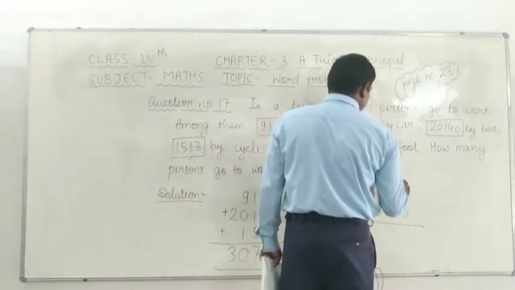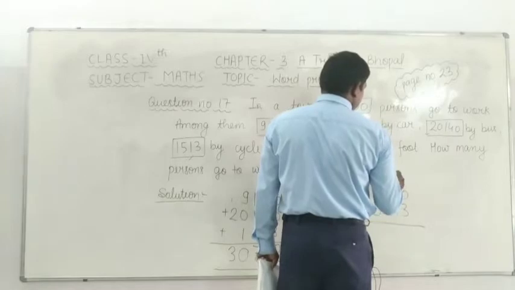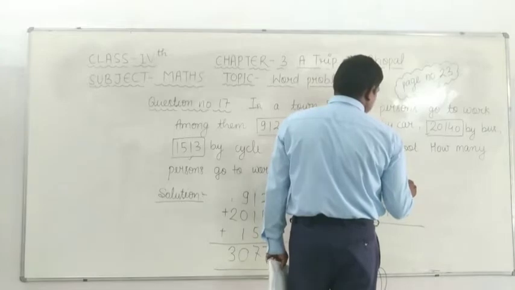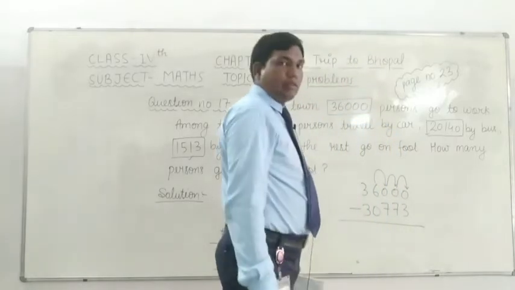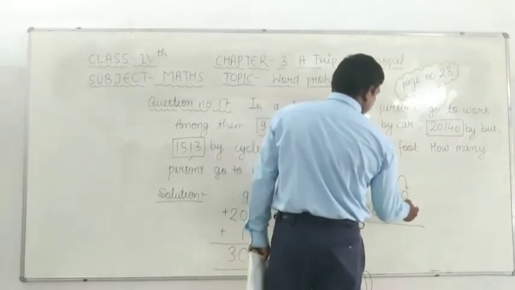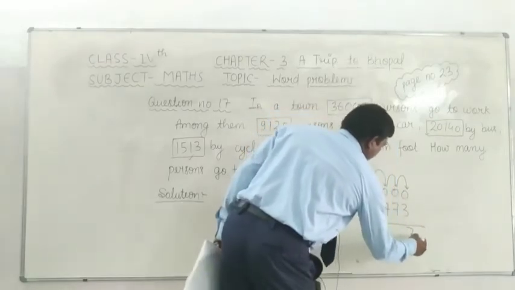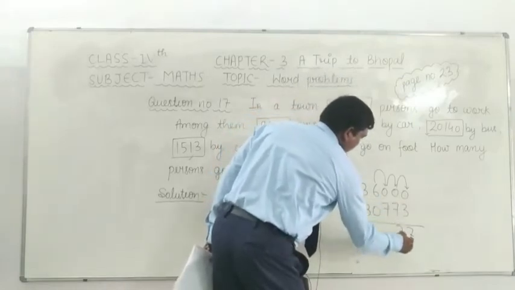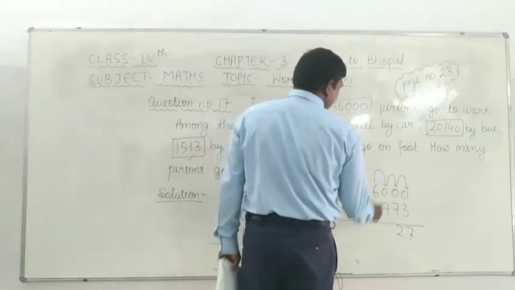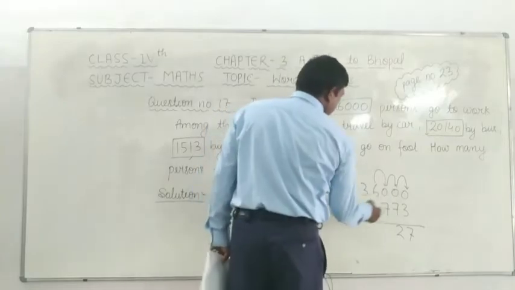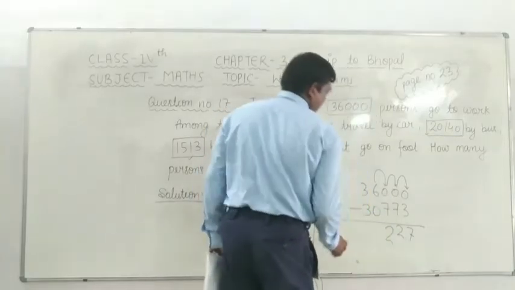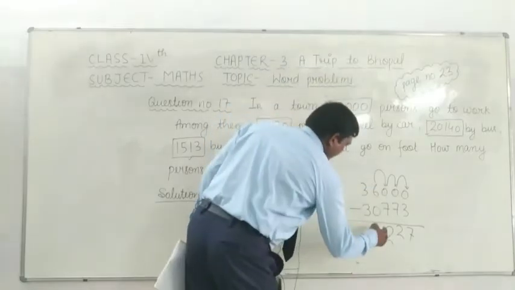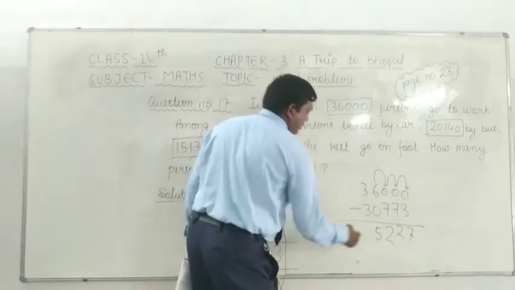Again we take one borrow from this 10, and this 0 makes 10. Again we borrow from this 10, and this 0 makes 10. Then 10 minus 3 is 7, and here we get 9 in place of 10. 9 minus 7 is 2. Again here we get 9. 9 minus 7 is 2. Here we get 5 in place of 6. 5 minus 0 is 5, and 3 minus 3 is 0.